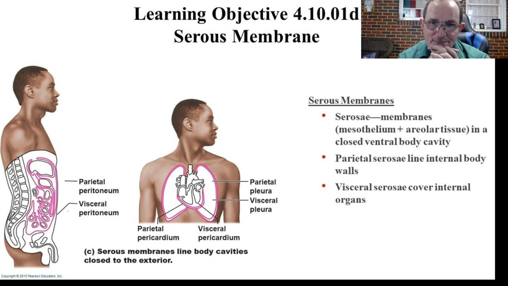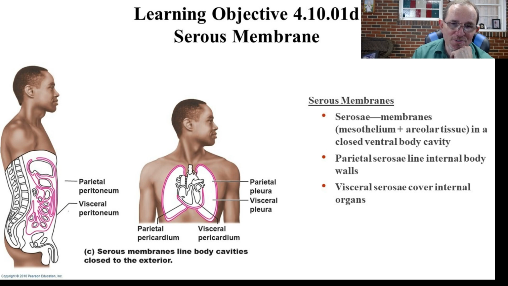Serous membrane, called serosa. We've got these guys. Now, it's hard to see on here, but basically what happens is around the heart, on the heart itself, we've got a sheet of this tissue, and it's called the visceral. You know, viscera means organ.